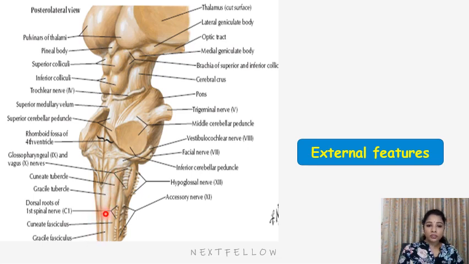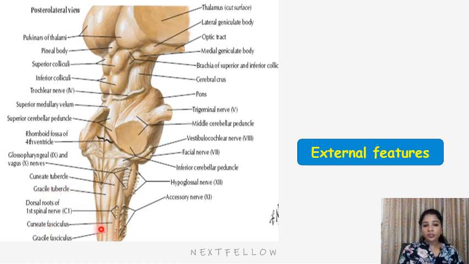So this one is the tractus gracilis or gracile fasciculus, which contains the gracile tract or tract of Gall, which we saw in the posterior column of the spinal cord. The same thing continues and ends up here by forming an elevation called the gracile tubercle.